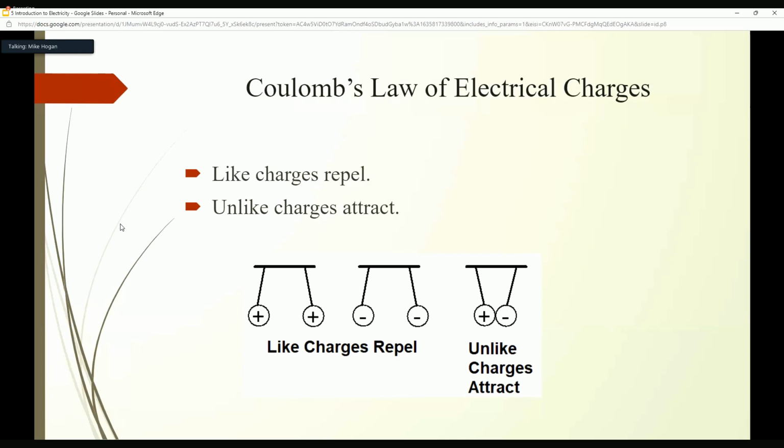And when we connect a battery to this copper wire, those valence electrons that are negatively charged, based on Coulomb's law, will be repelled from the negative side of our battery and attracted to the positive side of our battery.